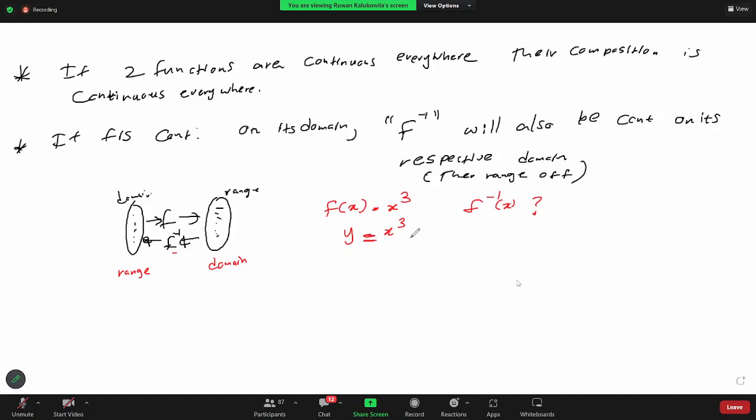So you have a letter y that belongs to f, and a letter x, which is the independent variable. So y is the dependent variable. We change these letters: we put x there and y there.